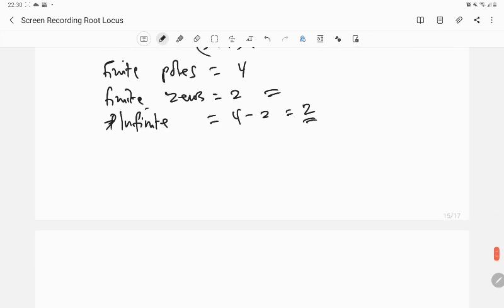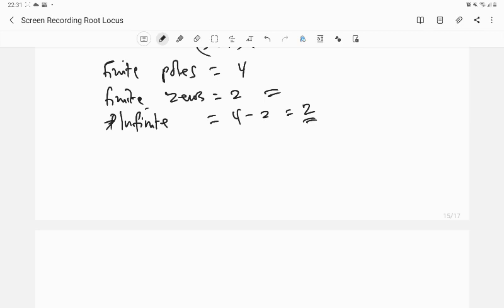So the idea is, and later we'll derive it, that if you have a system where the polynomial in the denominator has a power greater than the polynomial in the numerator, then you are going to have the poles moving and ending at infinity.